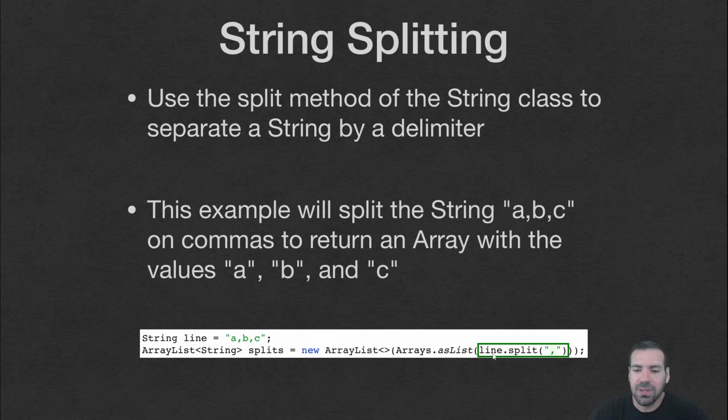So splitting on commas, we're going to take a string. The string class has a non-static method named split that takes another string and then splits that string on commas. So if I have the string A, B, C, and I do that string dot split on commas, I'm going to get an array with the values A, B, and C at index 0, 1, and 2.